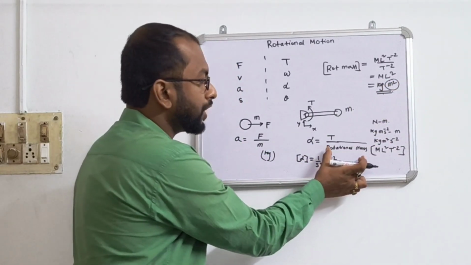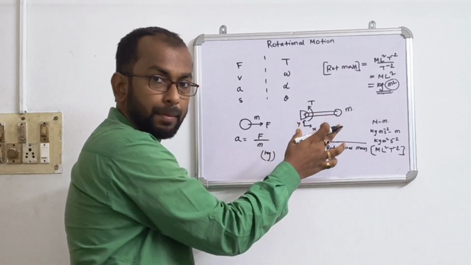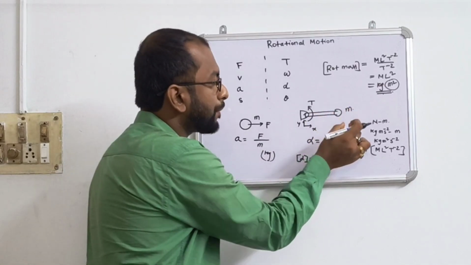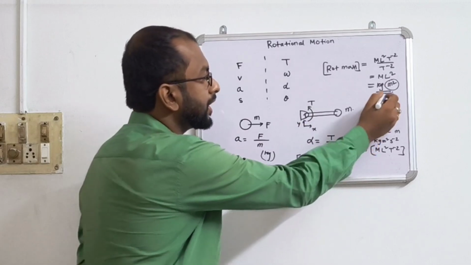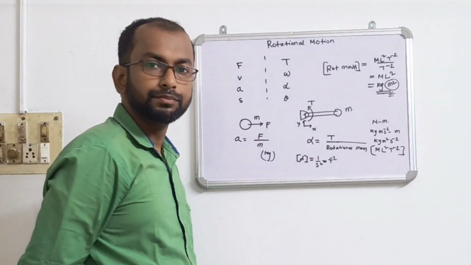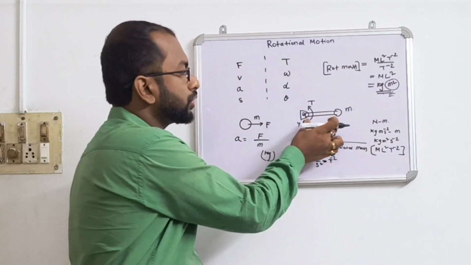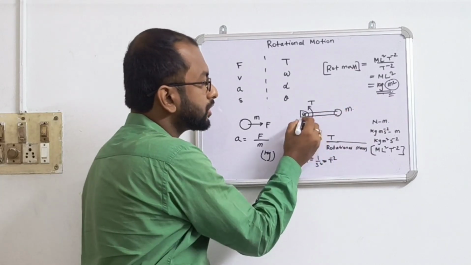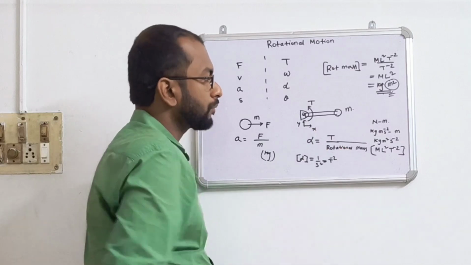So there is some rotational property this entire system is having, which is not only mass, but this property is also dependent upon the distance from the axis. What is this meter square? This is the distance from the axis of rotation. This is rotating with respect to this point. So this distance square is basically the distance of this mass from the pivot point or the rotational point.